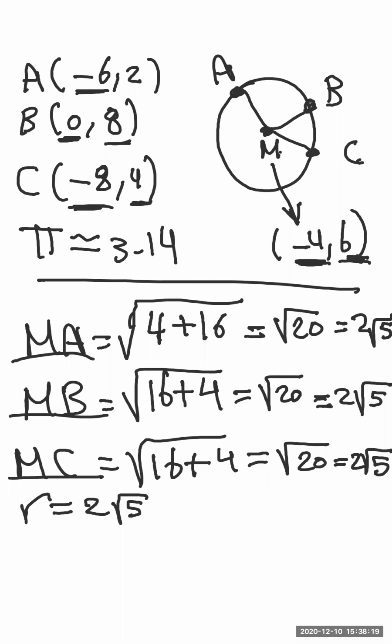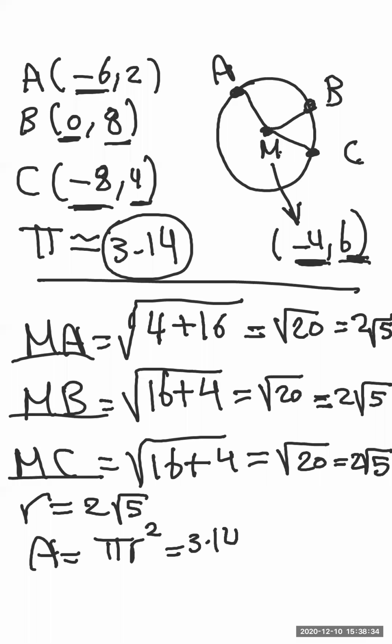Area of the circle. We said that area equals, what is the rule of the area? Pi r squared. So it will equal, it's given that pi equals 3.14, times r squared. 2 square root of 5 squared. So 2 squared means 4.